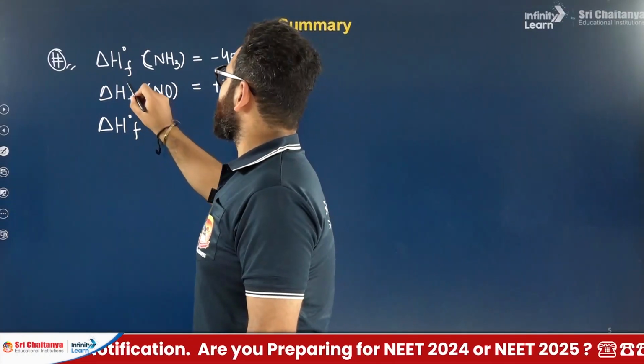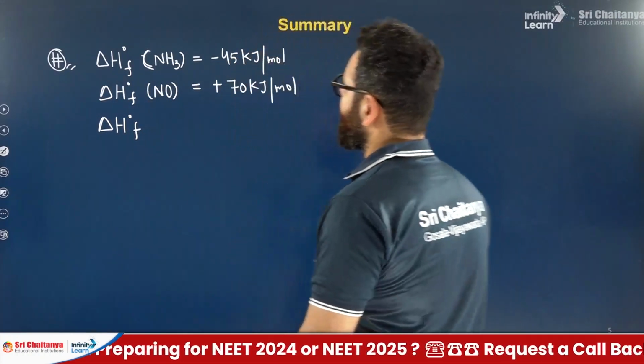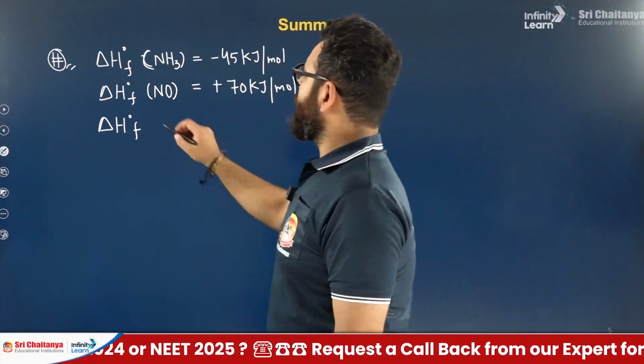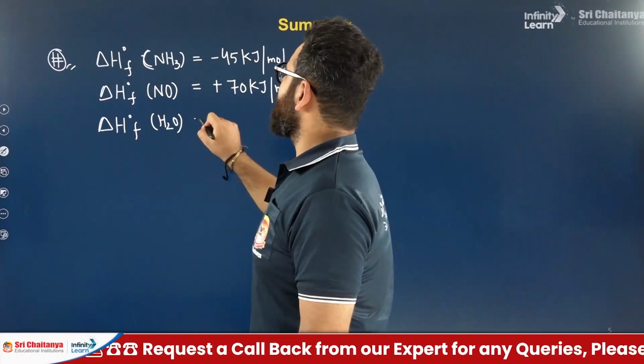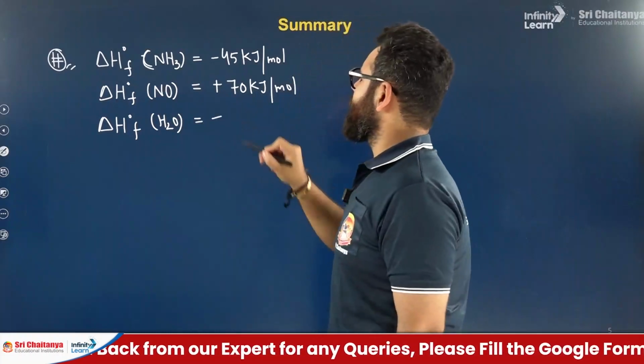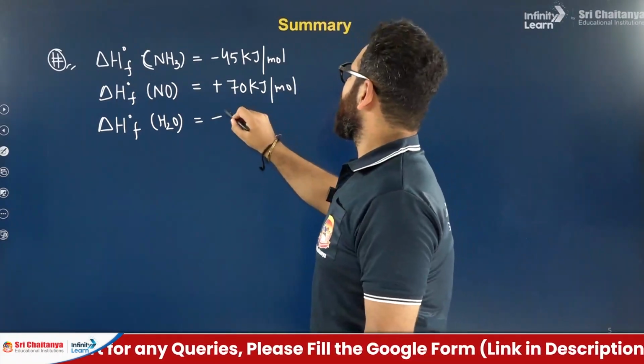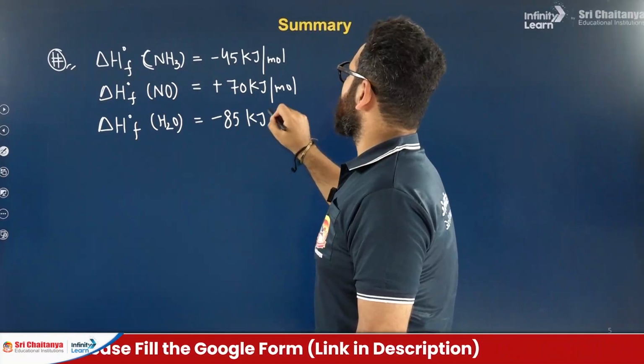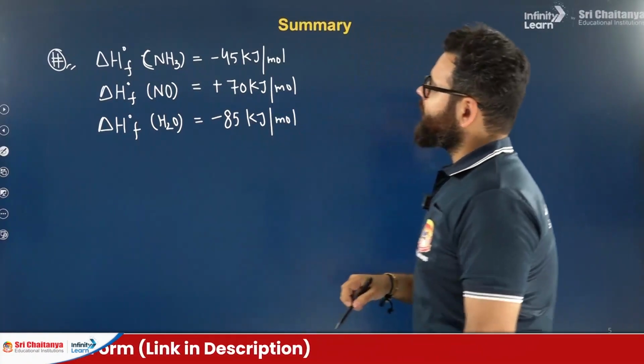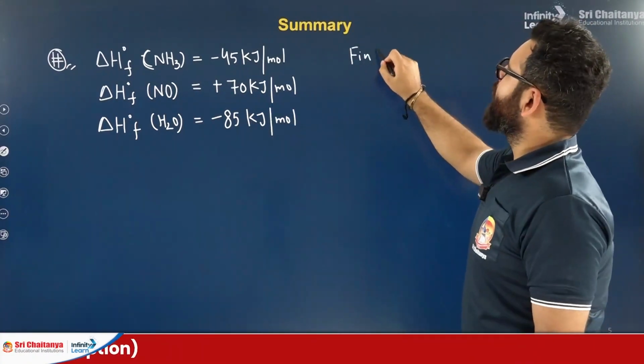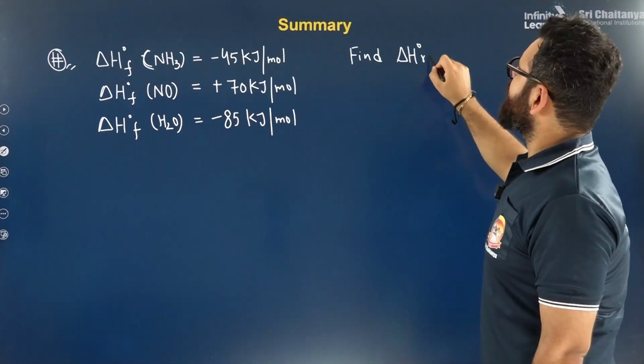Delta H formation of H2O is given as minus 85 kilojoule per mole, and they are asking us to find the enthalpy of the given reaction.